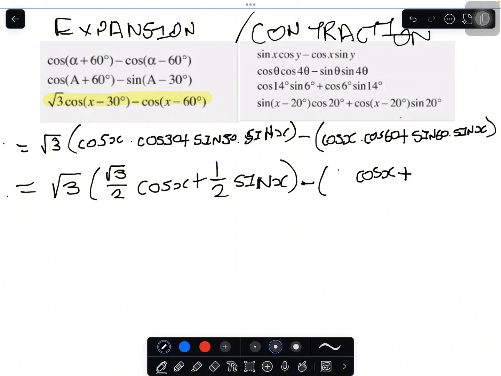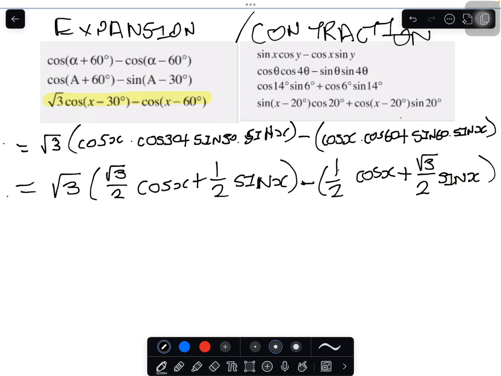The cos of 60 is a half cos x plus the sine of 60 is root 3 over 2 sine x.